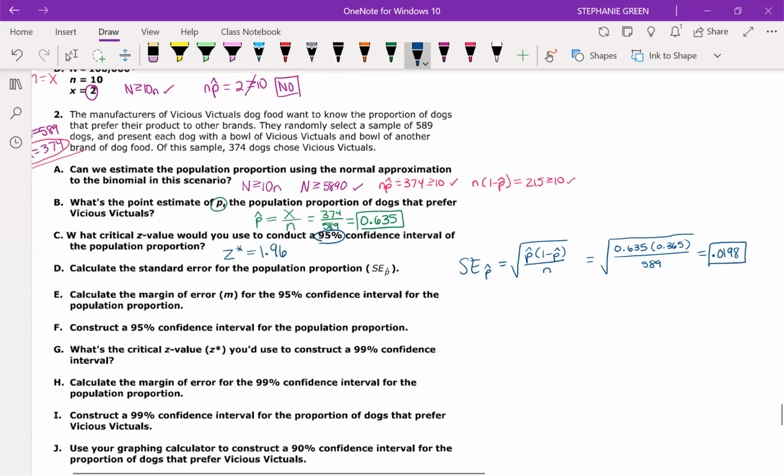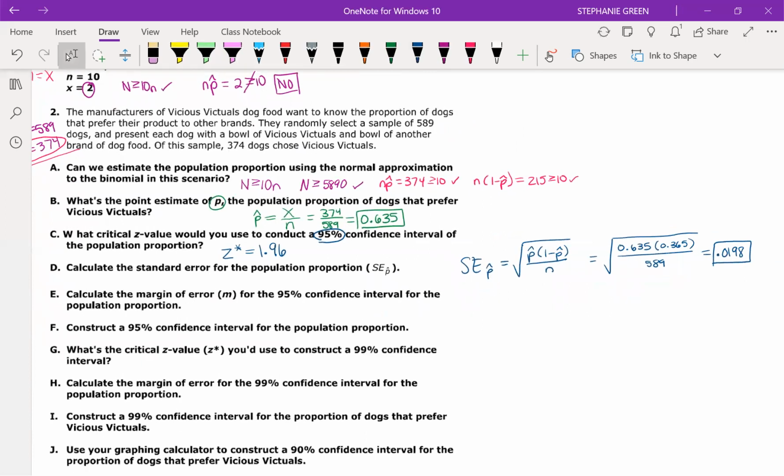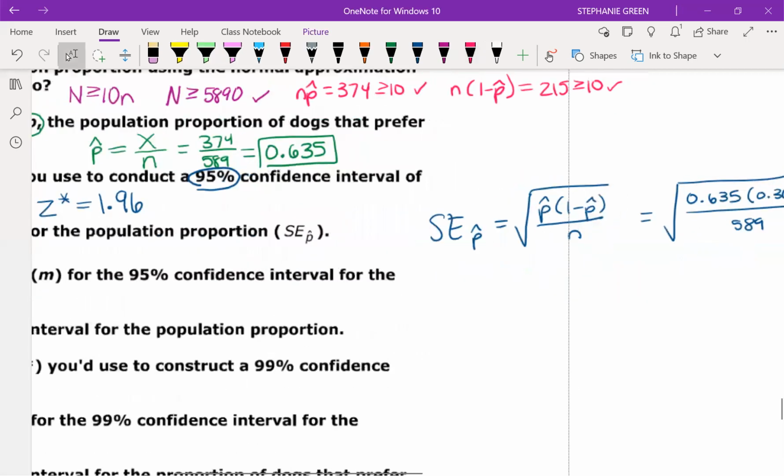Which brings us to part E. Calculate the margin of error, M, for the 95% confidence interval for the population proportion. So M, the margin of error, is that thing that we add or subtract when we're creating our confidence interval. From our confidence interval equation, we know that the margin of error is always Z star times the standard error.